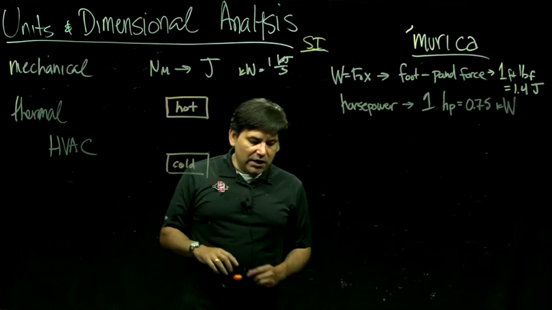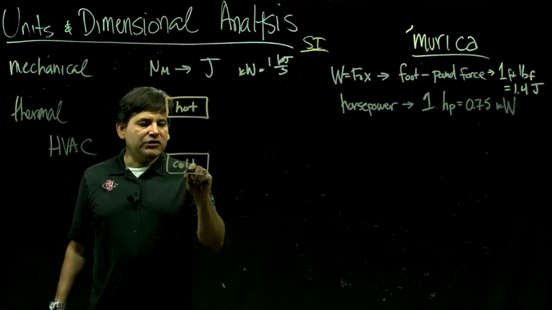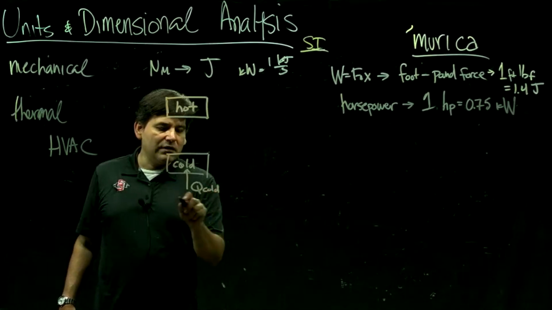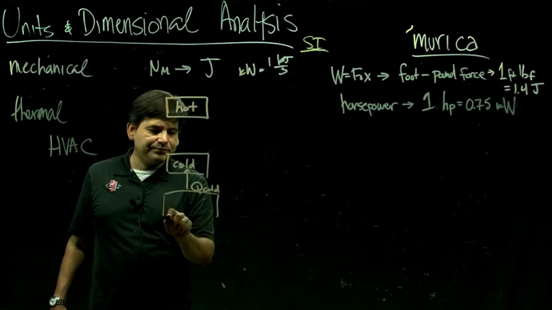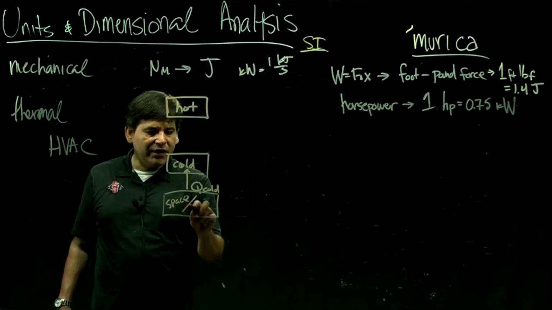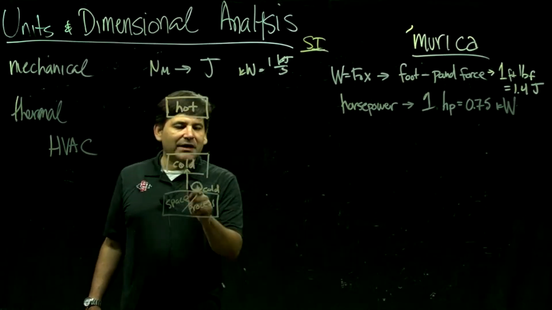And in a refrigeration cycle, what you're trying to do is have some heat transfer at cold temperature so that you either have some space, a refrigerator, or some process that you're trying to keep at a low temperature.